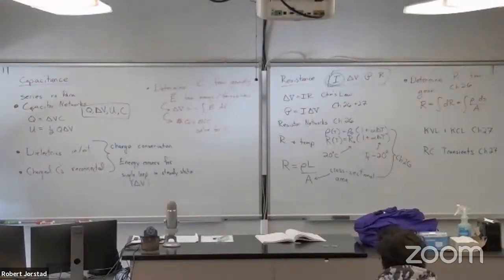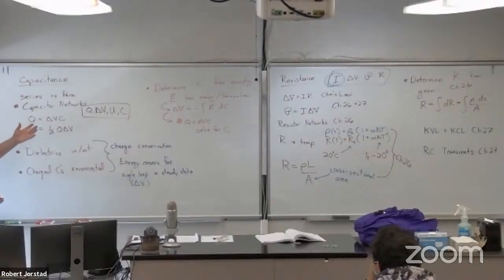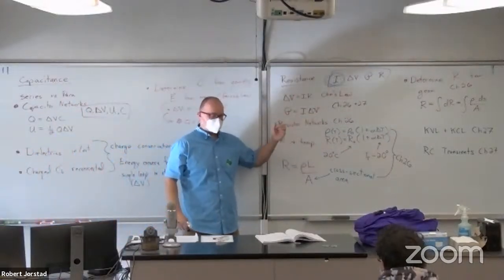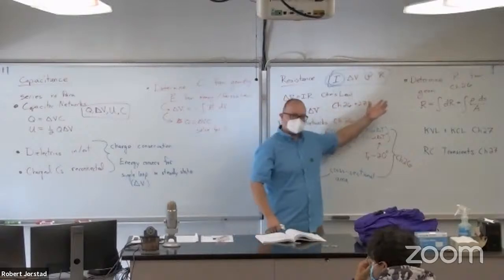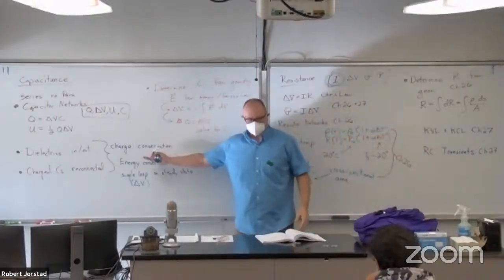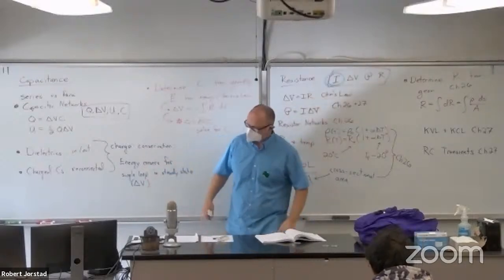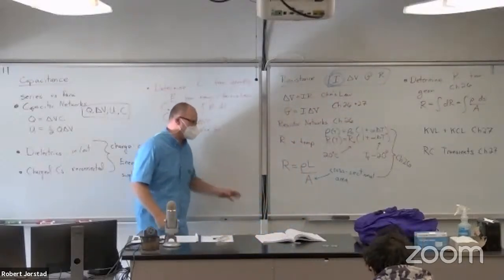I don't normally like to do that. The idea is we learned a little bit about capacitance. You probably don't feel that good right now because you don't really understand it. We're starting to go through resistive circuits, and I feel like by the time we finish some of this stuff, that stuff will make more sense as well. So if you're feeling a little bit lost or in capacitor land as you're doing the homework, that's typical.